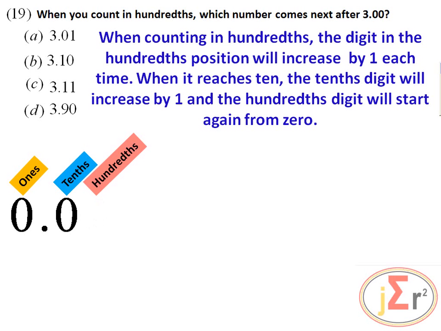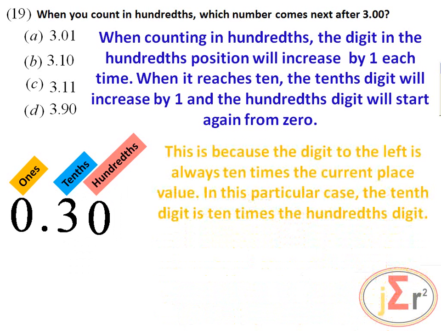We are increasing our hundredths digit by 1 each time, and as soon as it reaches 9, if one more is added, it goes to 0, that is the hundredths digit, and 1 is added to the tenths digit.